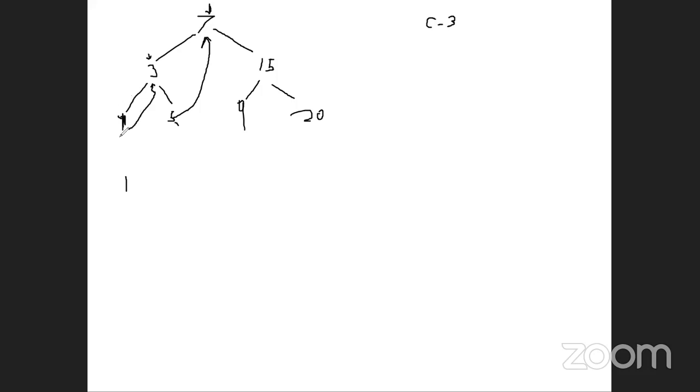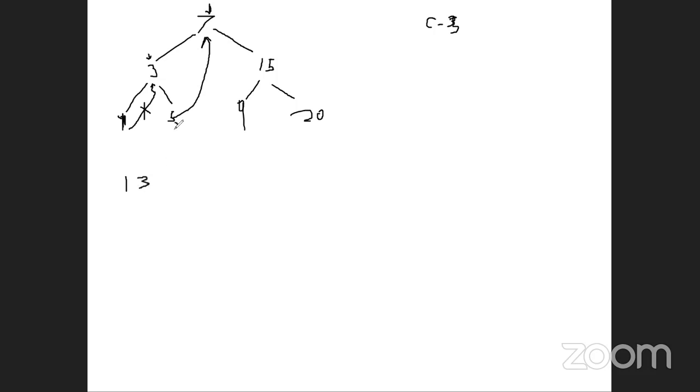Like for example, 1 is already done. Then I'll take another action where I'll break this path and make my current 3's right, which will become 5. And you process 3 also, so you can print 3, yeah, I have to print 3 also before that.